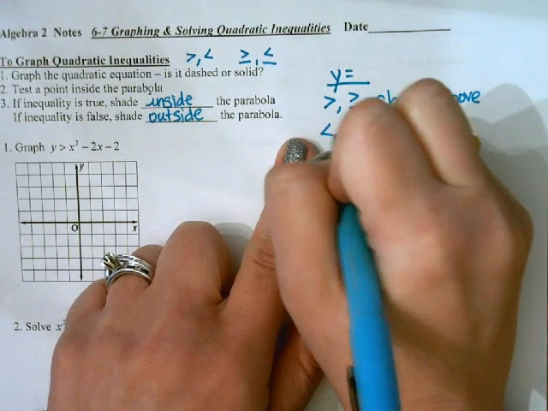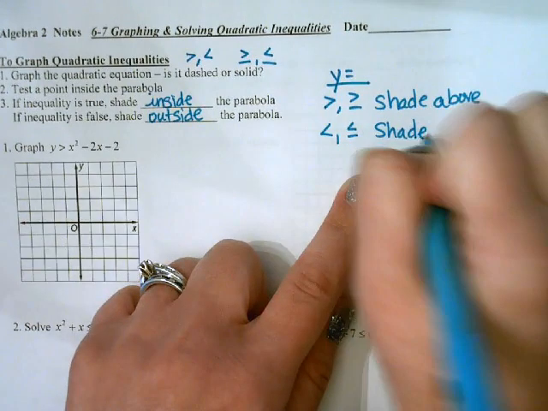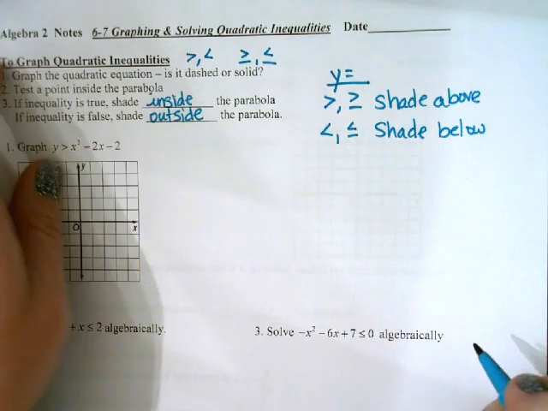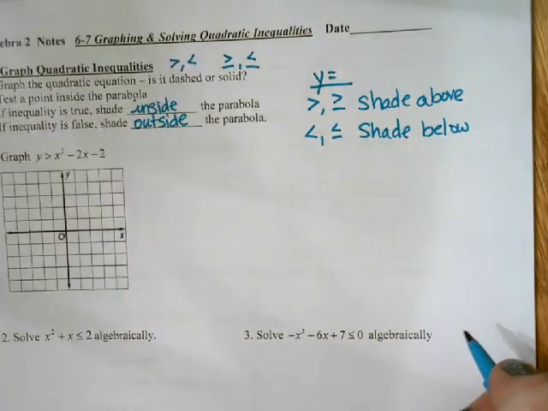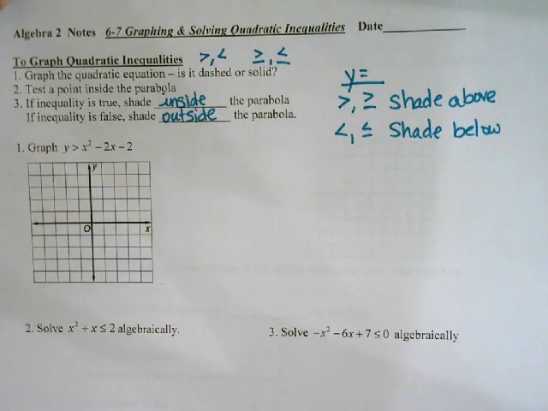If it was a less than or equal to, we shaded below. So that still works here. We can still do the above and below. Think about it as above your parabola or below your parabola. It'll be inside or outside.